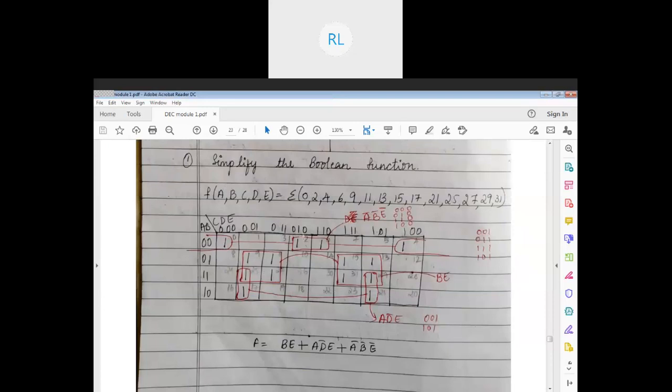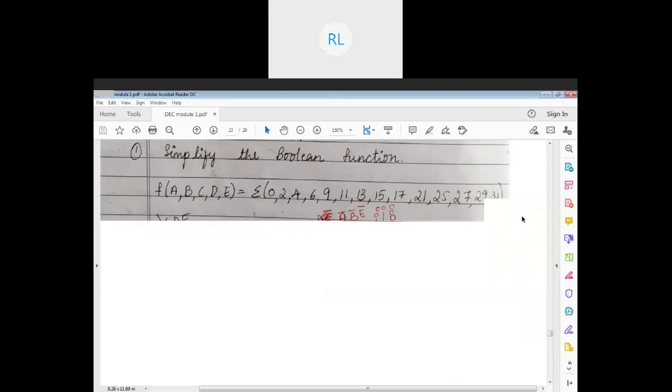For example, 0 I have given as 1. Similarly, 2 is given as 1. Similarly, 4 is given as 1. So accordingly we just fill it up. I want all of you to make note of this so that it will be easy for you to understand.